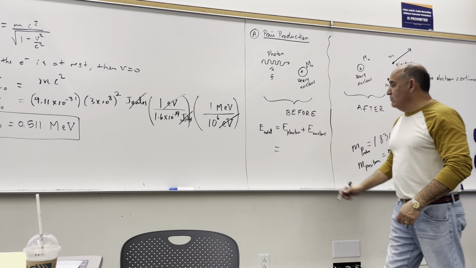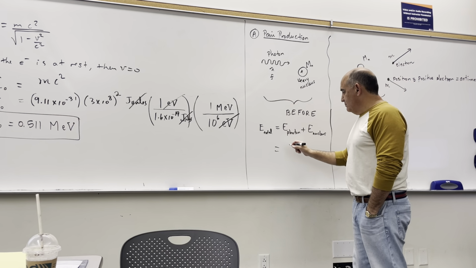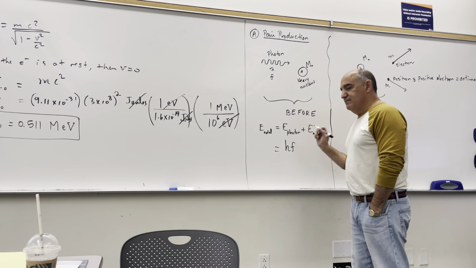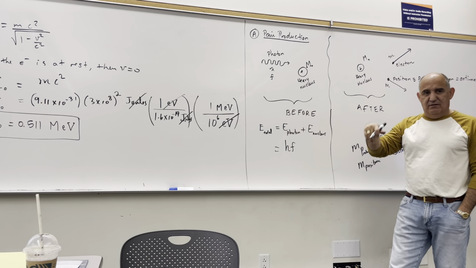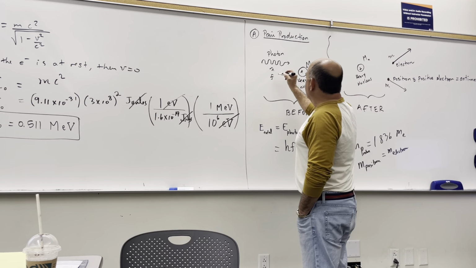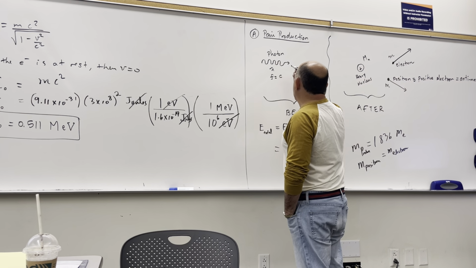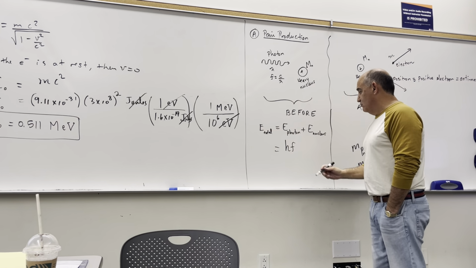It's Planck's constant times the frequency, hf. And the frequency is the speed of the photon divided by the wavelength, so you can write it as hc over lambda as well.